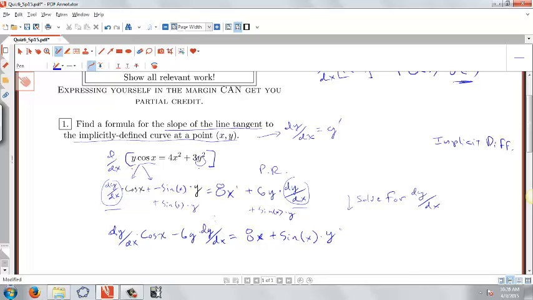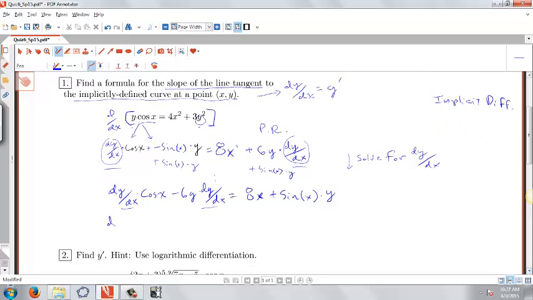Now I'm going to factor this out. I get dy dx times cosine x minus 6y equals 8x plus sine of x times y, and therefore we get the final answer.